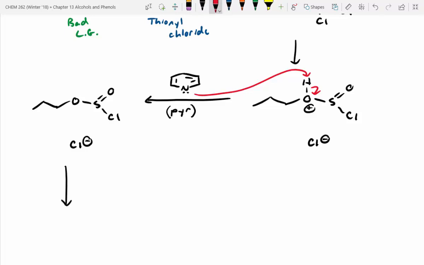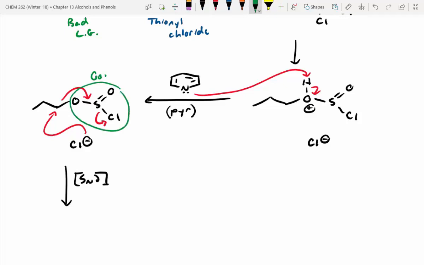In the next step, the chloride with the negative charge is going to do our backside attack. We're going to clamp down, and we're going to kick off chlorine all in one go. So if you remember, this is an SN2 backside attack by the chlorine, because all of a sudden, whoops, this is a good leaving group.